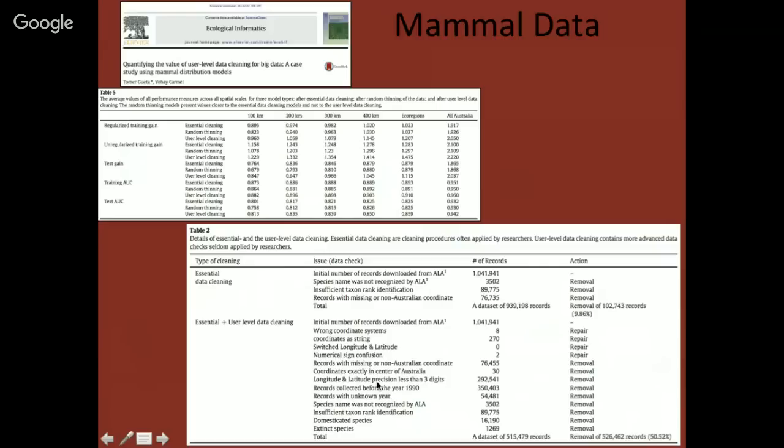But then you get some big ones with low precision latitude and longitude, old records, unknown year, etc. Notice that they ended up removing half of the data. So this is a really crucial point, that we lose a lot of biodiversity information because the data are dirty. We're going to come back to this point at the end.